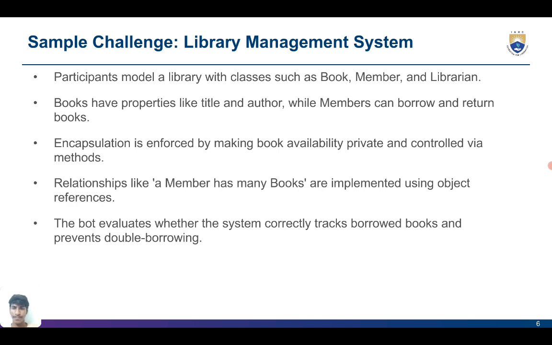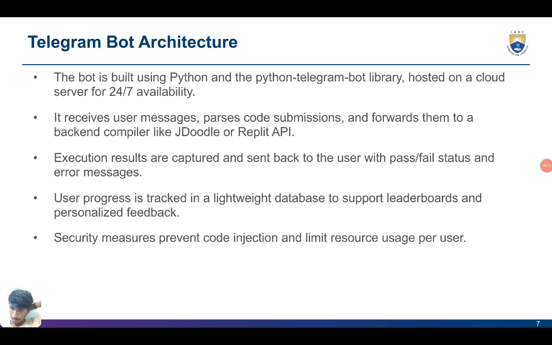Relationships like a member has many books are implemented using object references. The bot evaluates whether the system correctly tracks borrowed books and prevents double borrowing.